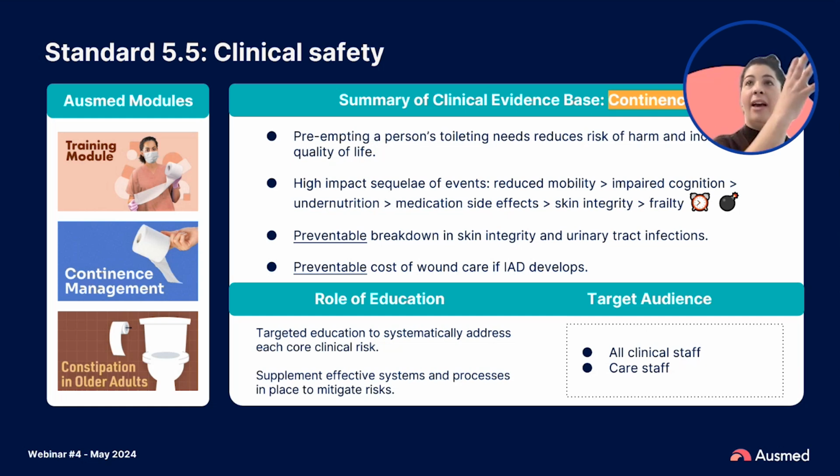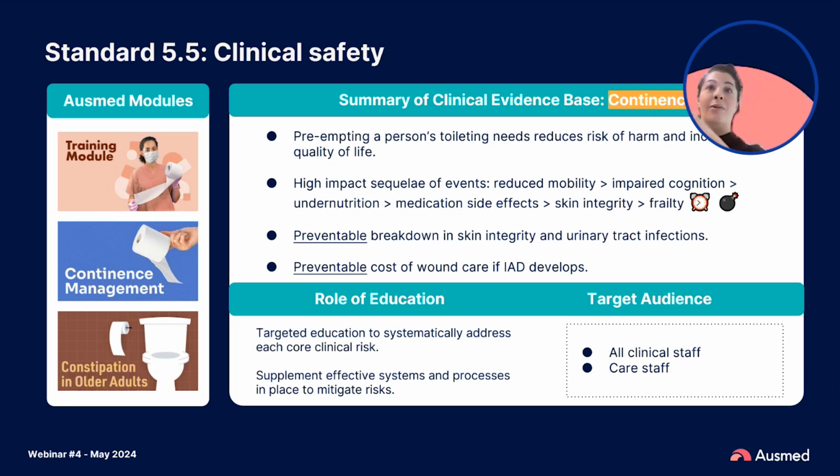Just think in your mind how many of your residents and people in your care meet at least one of these points: reduced mobility, impaired cognition, under or malnutrition, medication side effect, skin integrity or some type of skin breakdown, and frailty.